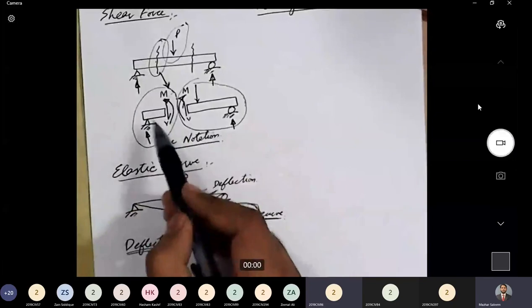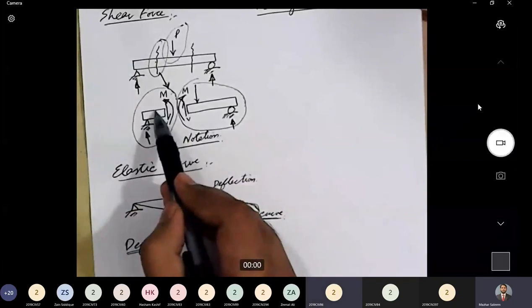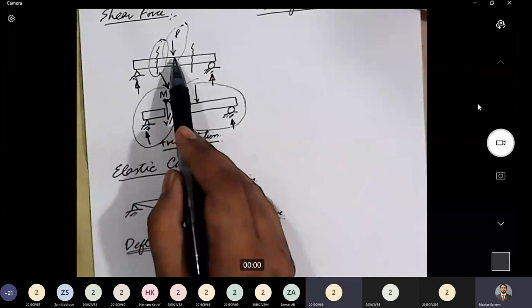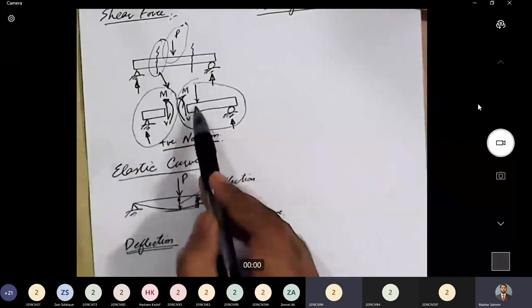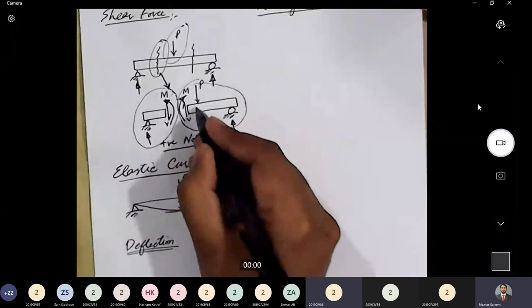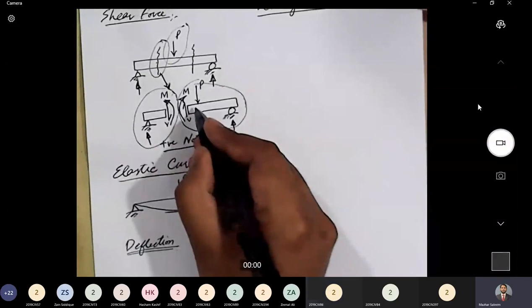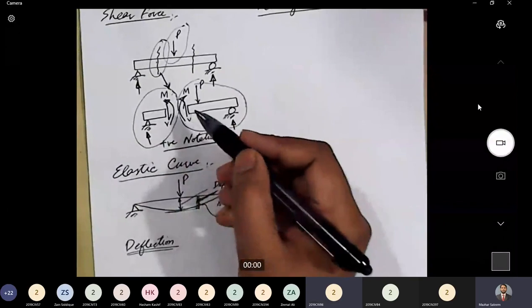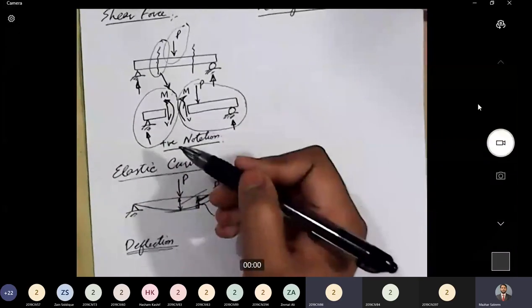No, sir. No, that's why I did not mark a force here. But is there a force applied on the right side of the section? Yes, sir. Yes, so I marked it here. So it all depends upon the external loads. When we will be considering a section, we will have to keep the external loads at their places.